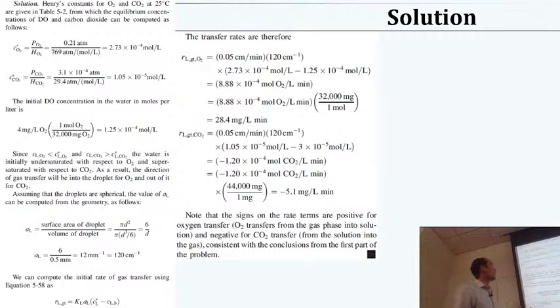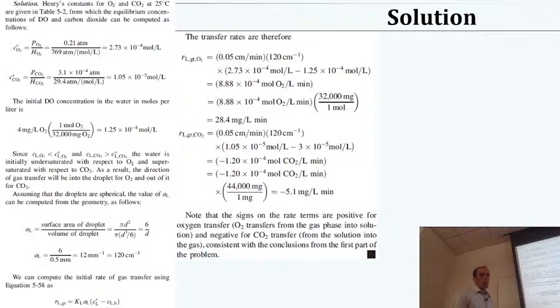I started with just oxygen, but we can use the Henry's law constant for both, setting it up so the concentration at equilibrium is the pressure divided by the Henry's law constant. We're given pressure for both, so if we use the Henry's law constant as pressure per moles per liter, we can calculate the equilibrium concentration, C star, in the liquid for both of these.